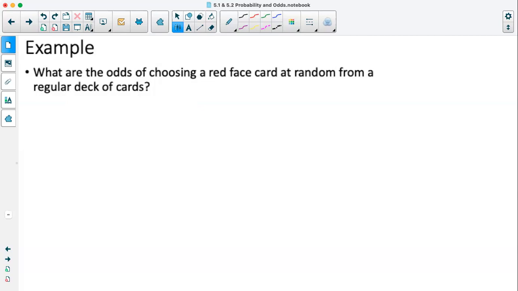We know there is a Jack, Queen, and King, all face cards, and we have two red suits. We've got our hearts and our diamonds. So we have a total of 6 red face cards.